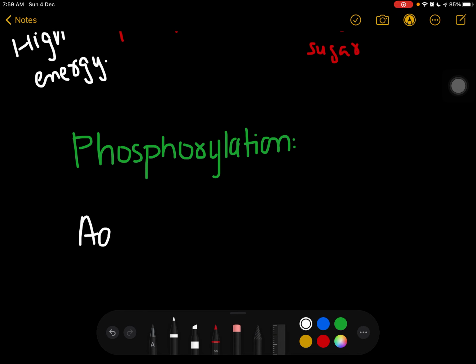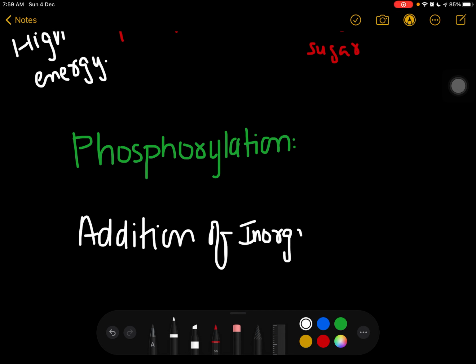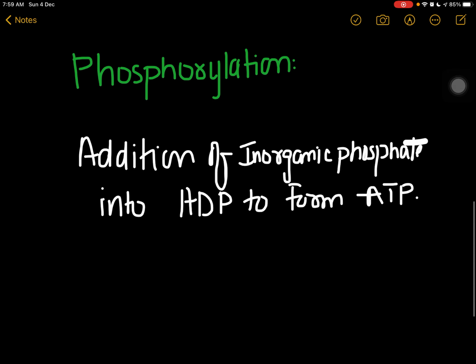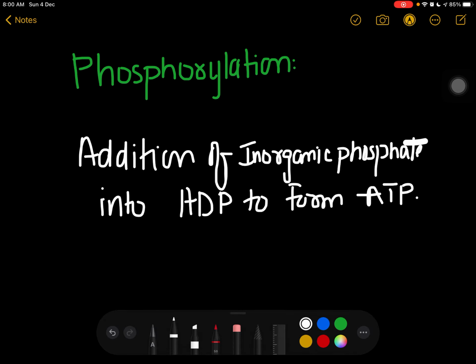Basically, the addition of inorganic phosphate into the ADP to form ATP. Phosphorylation is basically the addition of inorganic phosphate into the ADP to form ATP.